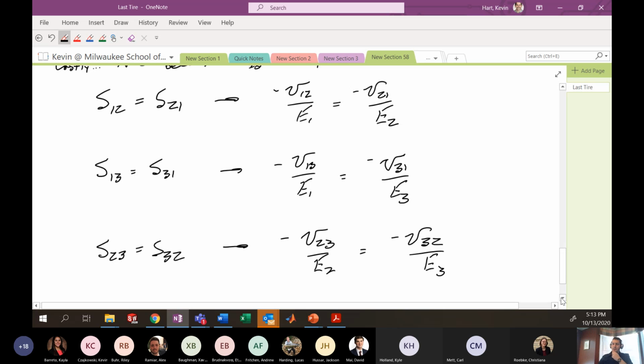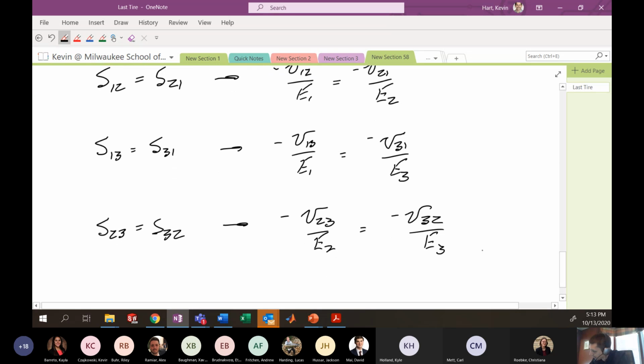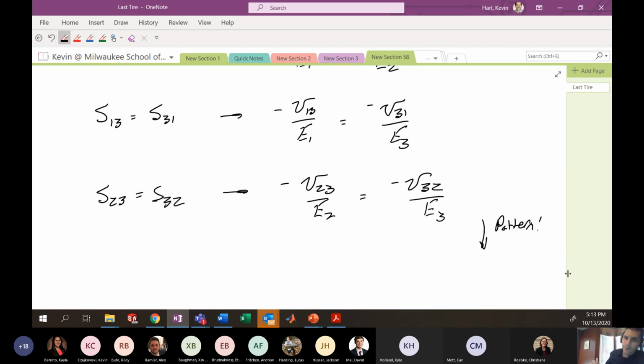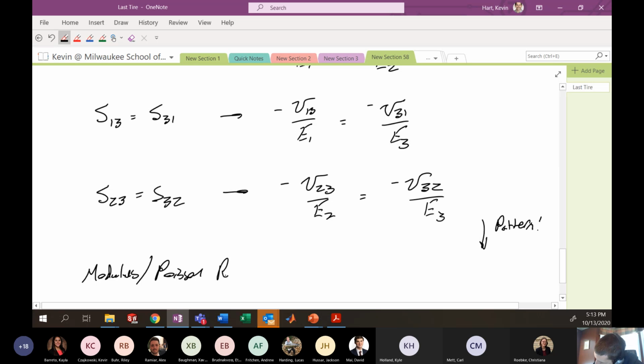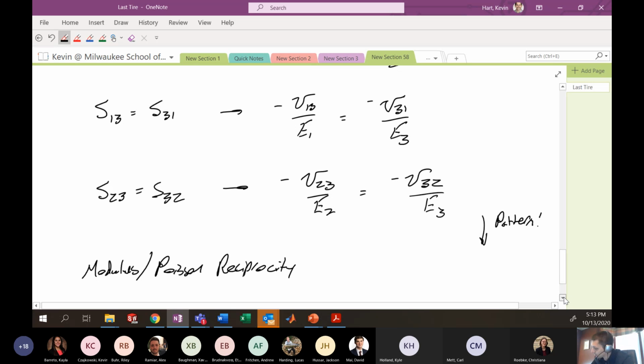Okay. Hopefully you're seeing a pattern emerge here. This pattern is somewhat easy to follow, and that pattern we generally call the modulus Poisson reciprocity. Spelling is hard.